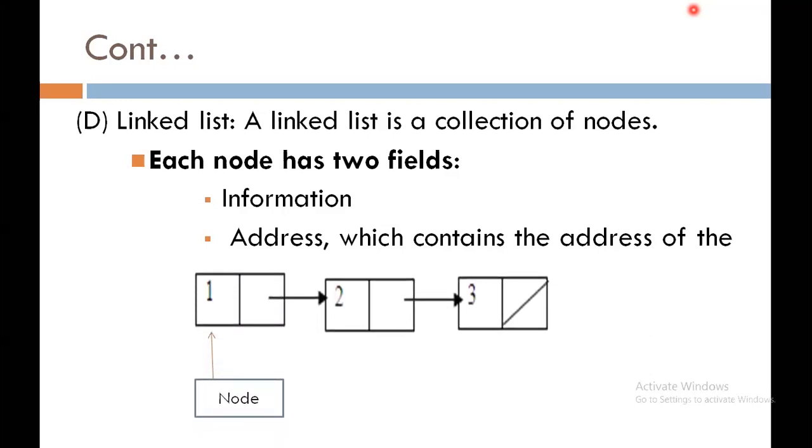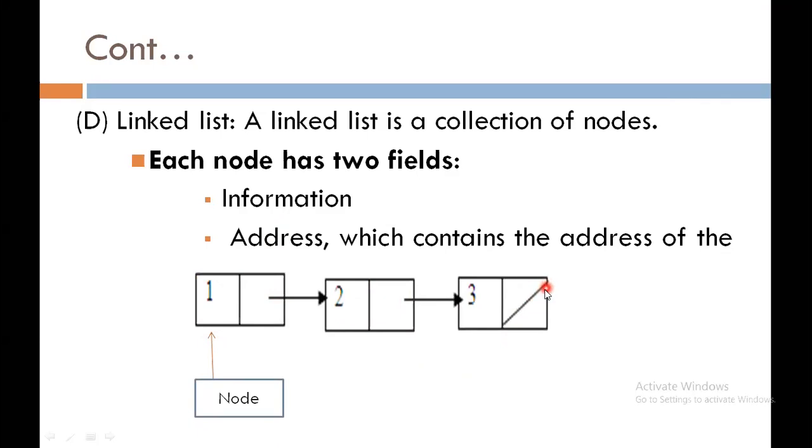Now this is the diagram of a linked list. This is called a node. Here three nodes are there. In the information field, data is stored like 1, 2 and 3. The second part is the address part. For this node, this is the address part. For this second node, this is the address part. And for the third node, this is the address part. This is the last node.